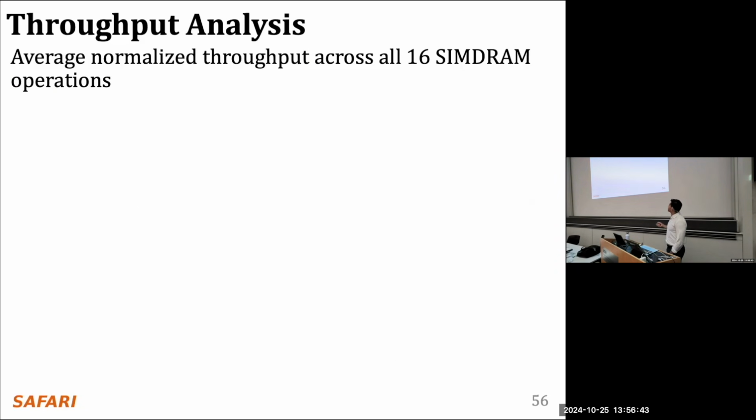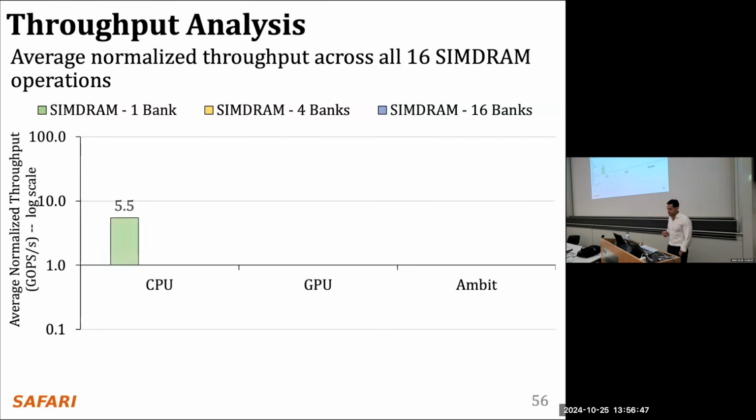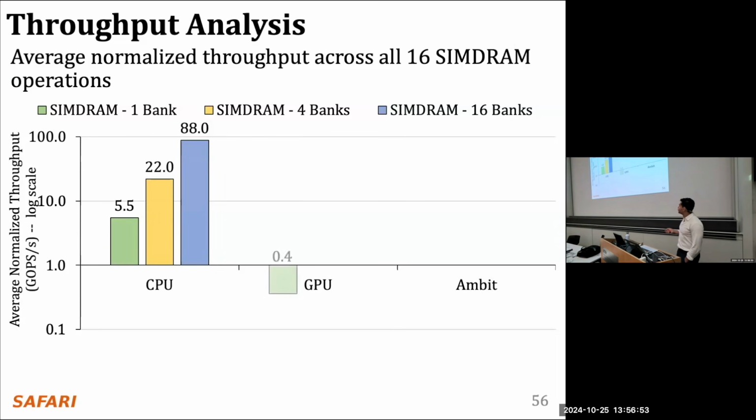So in terms of the throughput for those 16 different in-DRAM operations, we see that SIMDRAM can significantly outperform the CPU, but it cannot outperform the GPU if you only use one bank for computation. But if you scale the number of banks for computation, eventually you can outperform the GPU as well.